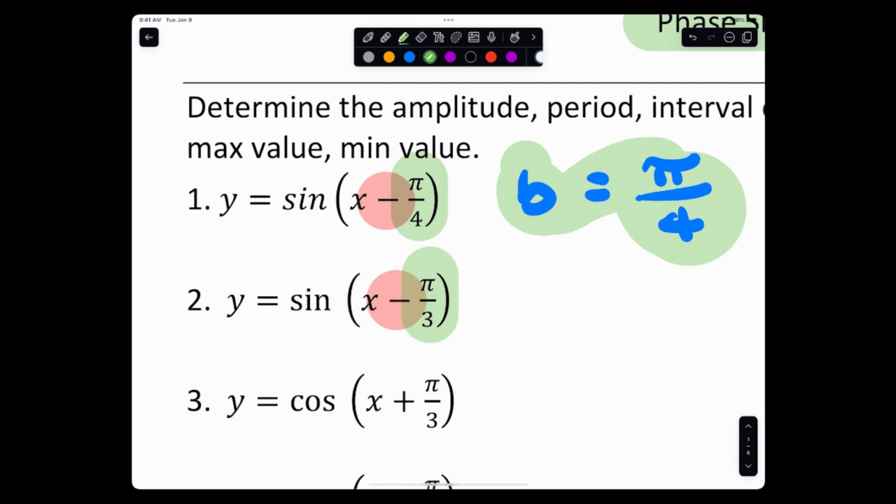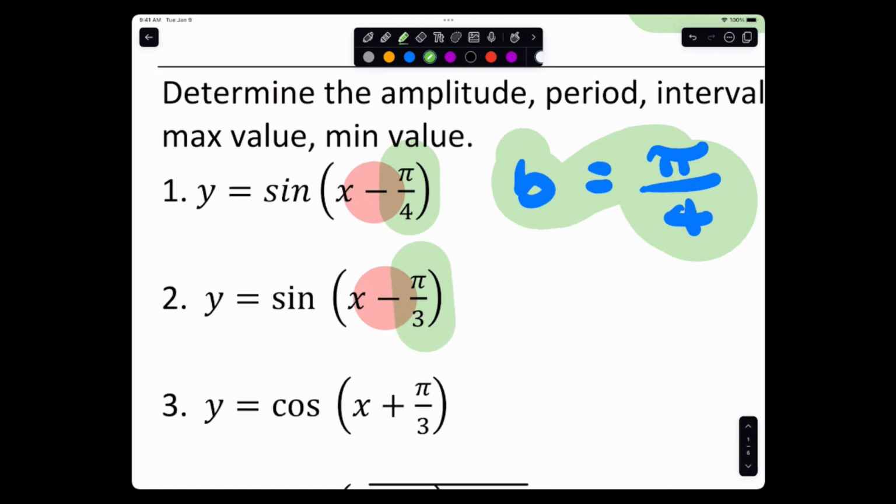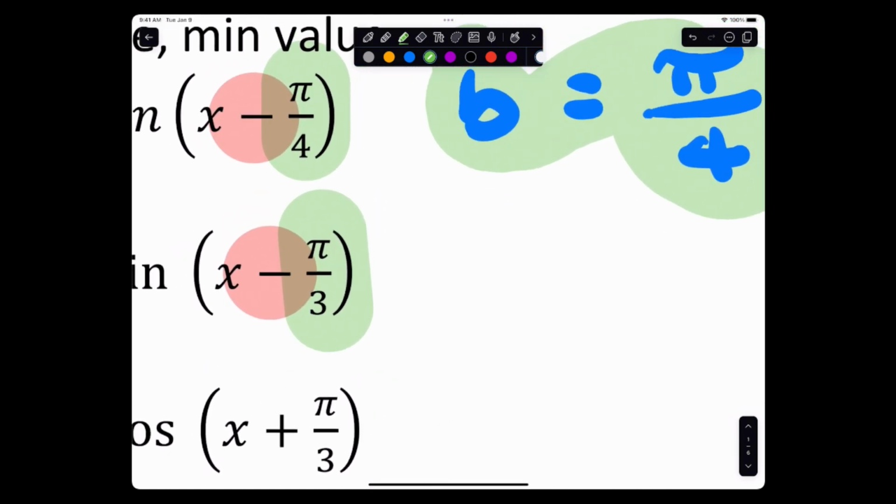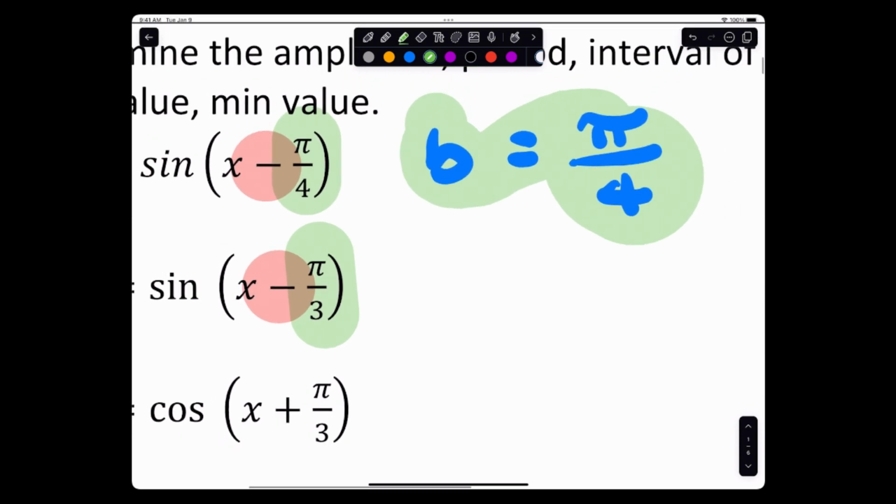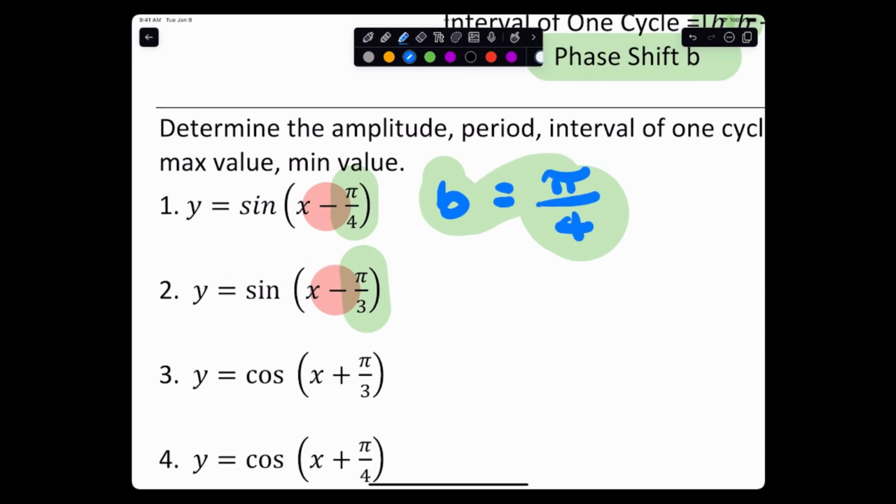You see that phase shift here now? The B value, what came after the minus sign? Pi over 3. Good. So if you guys get stuck or you get confused, we have these videos. B is pi over 3.